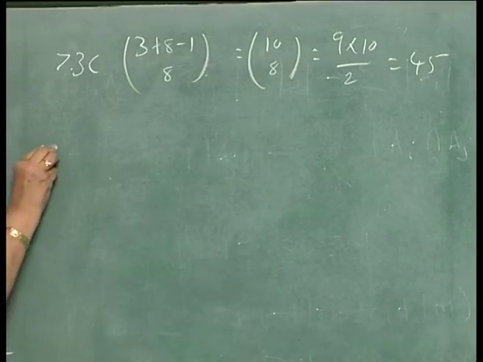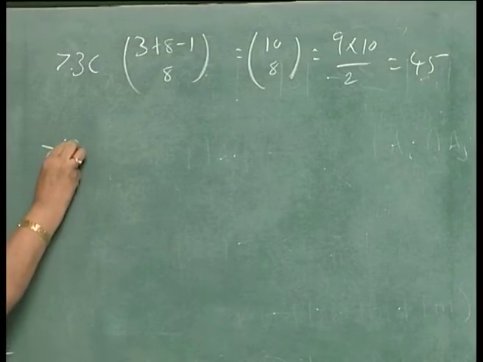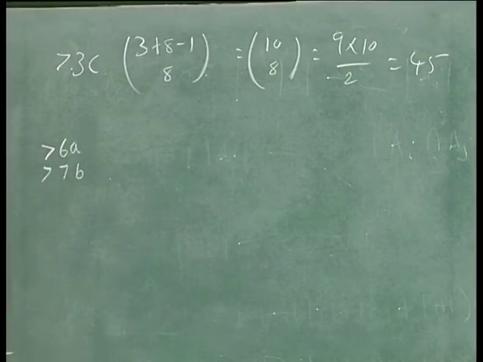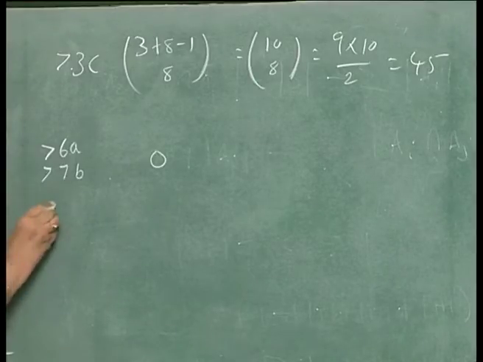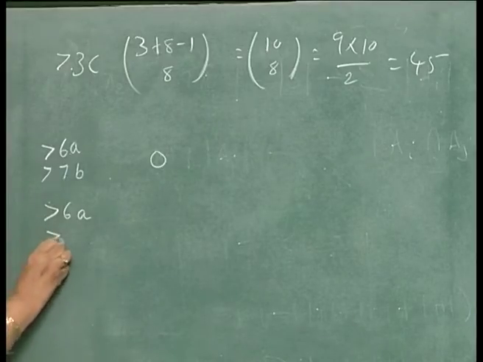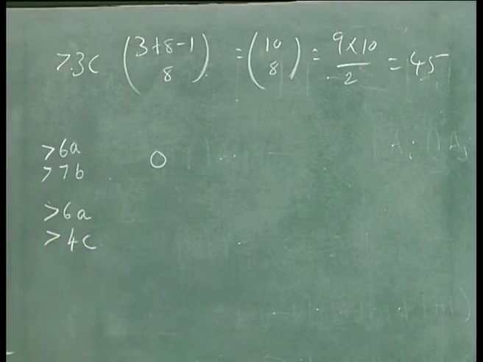So, if you select more than 6 A and more than 7 B, such a selection is not possible, isn't it? You have to select only 12, and 7 plus 8 would mean 15, which is not possible. Suppose I select more than 6 A and more than 3 C, what will happen?